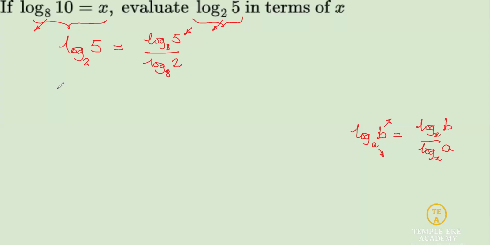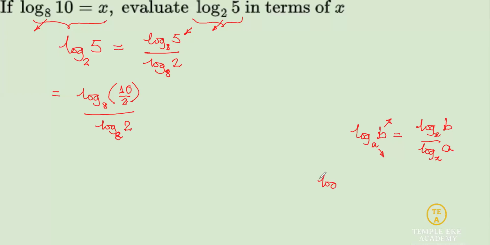Of course, we're going to have logarithm to base 8 of 10 divided by 2. 10 divided by 2 gives us 5. So another way to write 5 is 10 divided by 2, and we have divided by log to base 8 of 2. Beautiful. Now we can use the reverse of the combination law.